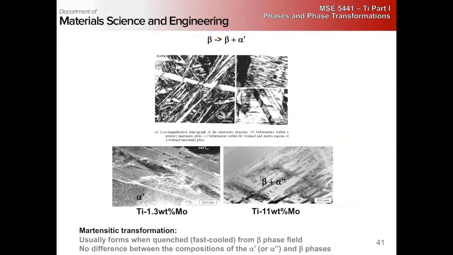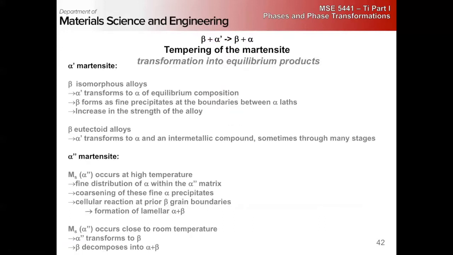And because it is martensite, it's athermal, it's diffusionless, there is no composition change, so all the analogies from steel hold over. Of course, then we can also temper. On tempering, we're going to transform to our equilibrium product, so we're going to go from beta plus alpha prime to beta plus alpha.